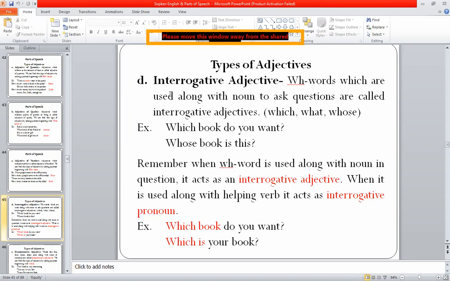And what are its examples? Its examples are which, what, whose. These are the three examples of the WH words that we use.